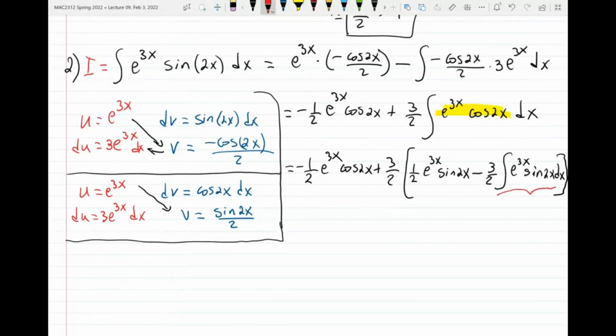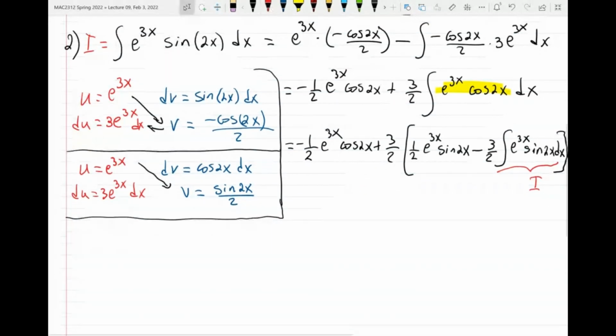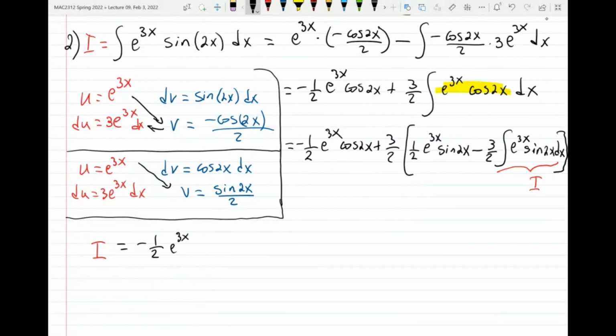So remember that I decided to call this I. Let me write the problem to hopefully make it easier to understand. So what we really have is that our integral, that we call I, equals negative 1/2 e to the 3x times cosine of 2x plus, I'm going to distribute the 3/2, okay?